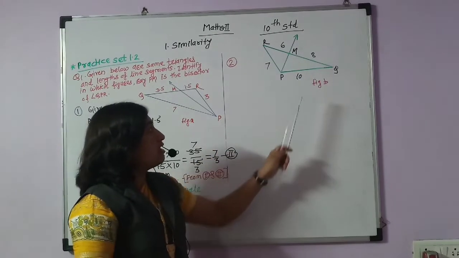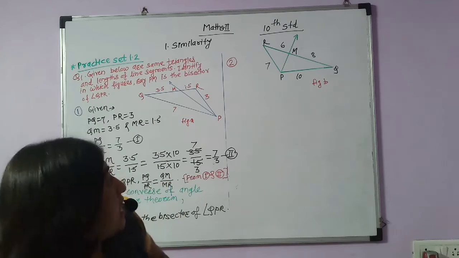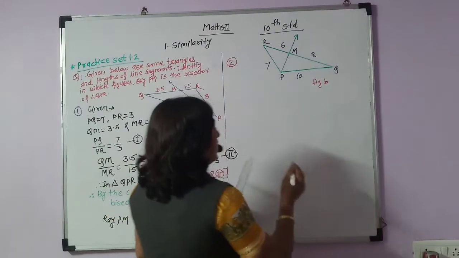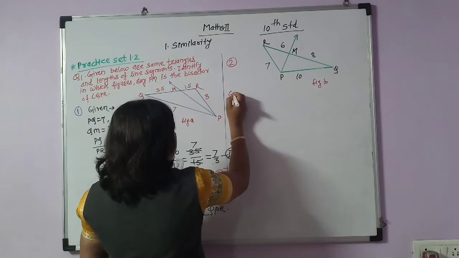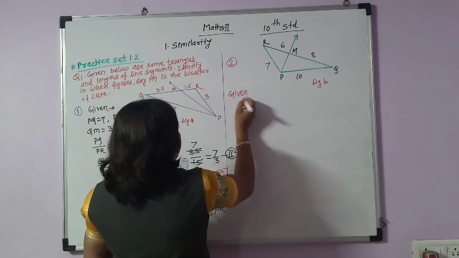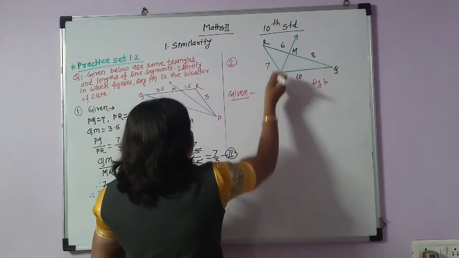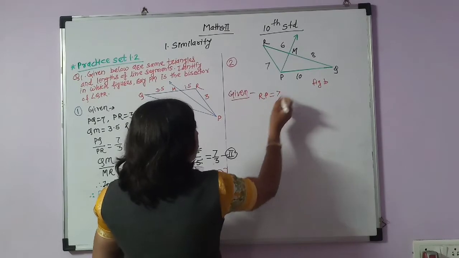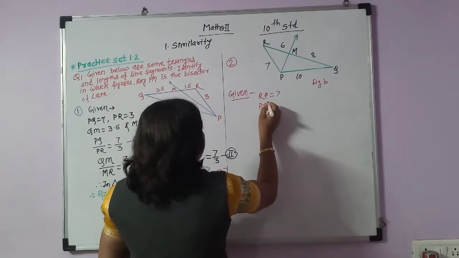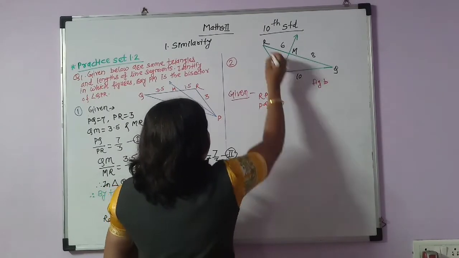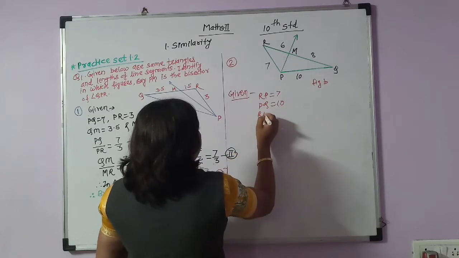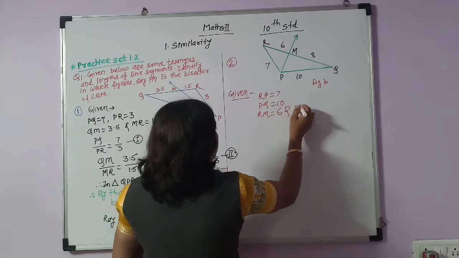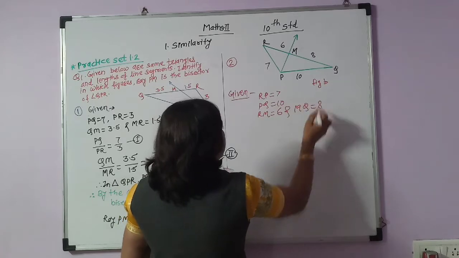See the next example. See this figure. Here also given triangle PQR, ray PM we have given here. Write first the given values. Given RP equal to 7, PQ equal to 10, RM equal to 6 and MQ equal to 8.